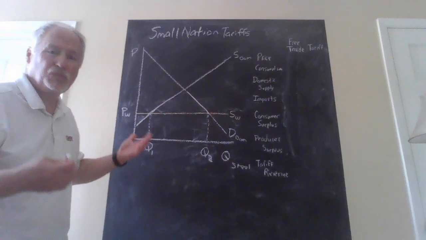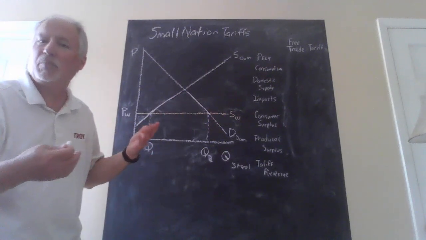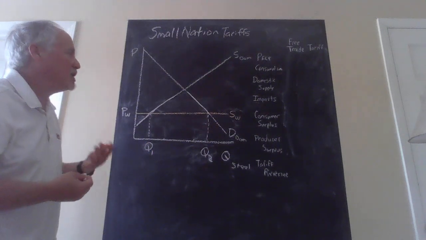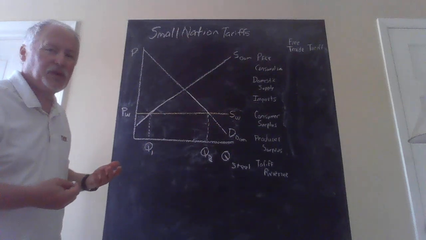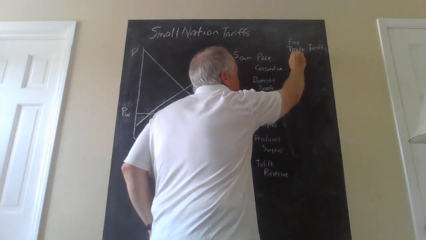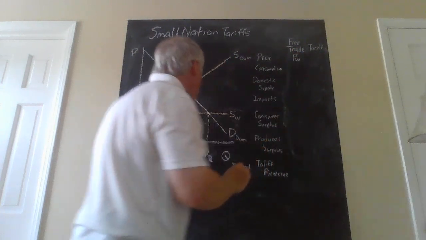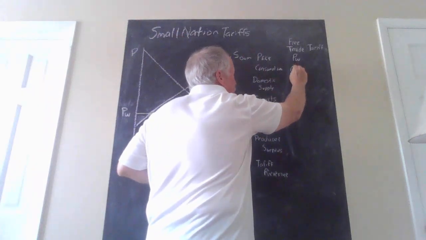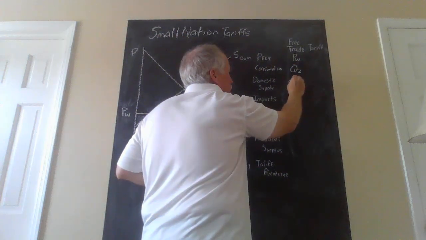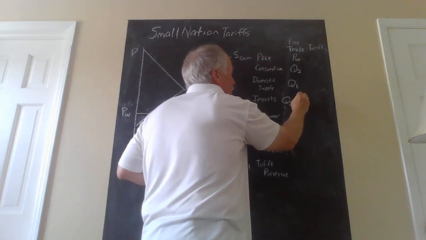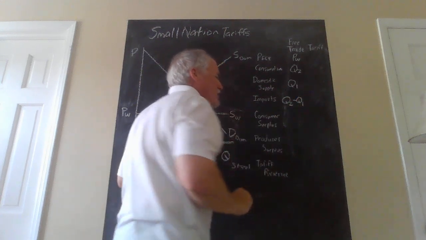And this nation is small enough that the amount they want to import is not going to drive up the world price of steel. So we can begin to describe the equilibrium here with free trade. The price is PW. The consumption is Q2, so we'll write that there. Domestic supply is Q1. And then the imports would be Q2 minus Q1.